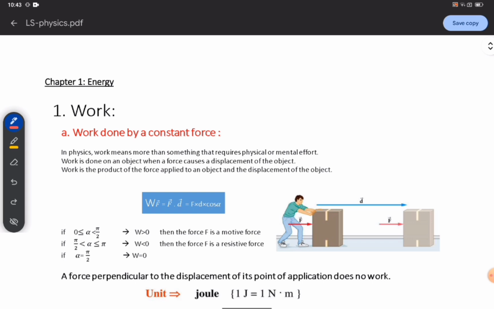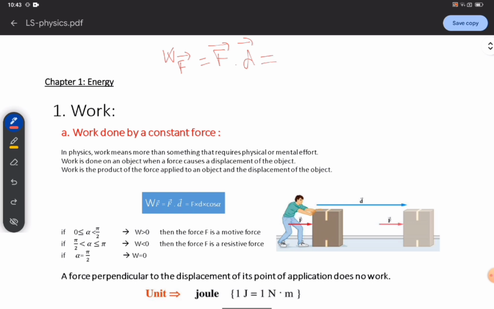In physics, the work is given by W_F equals F scalar D, where F is the force and D is the displacement of this object.